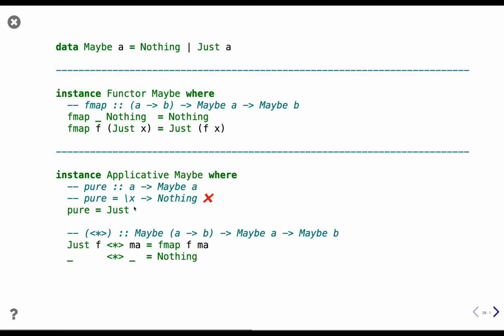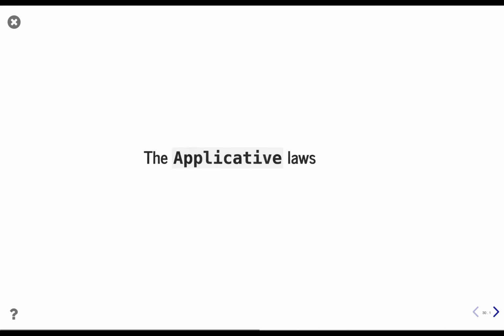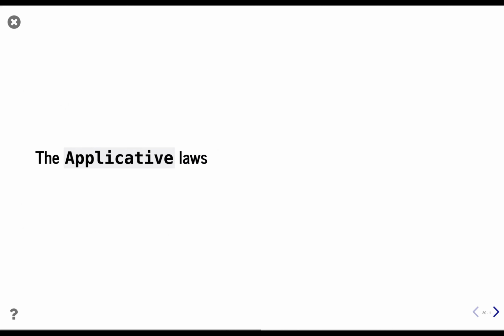Conceptually, it makes sense to use Just, because if we use Nothing, we will always get Nothing independent of the value we lift. But if that doesn't convince you, Just is the only option if we want to respect the laws of the type class.